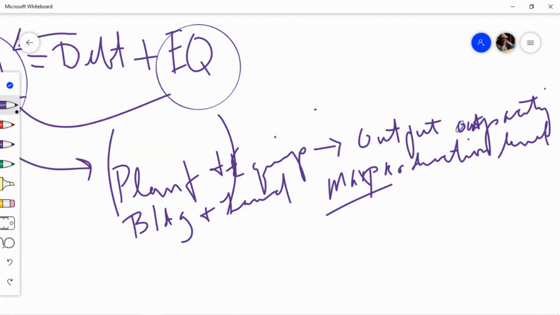But let's say there can be small companies that are supplying chips to these phone makers. It's called a foundry.